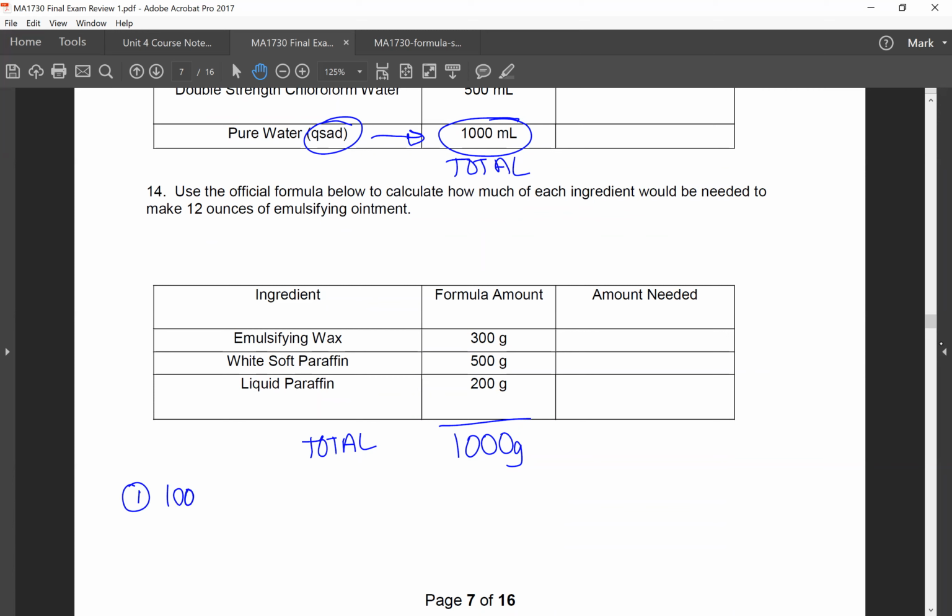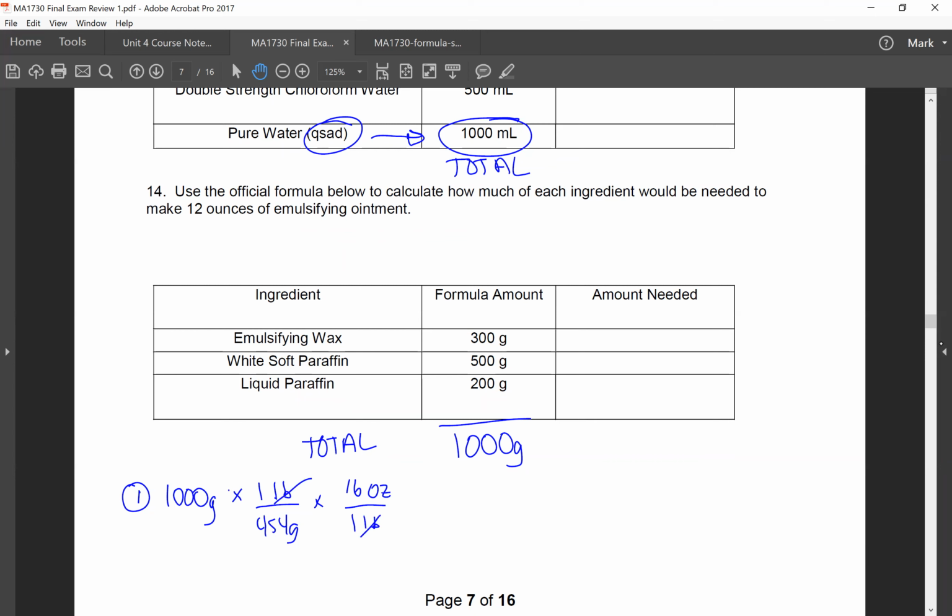So 1,000 grams is going to be, this is a pain, but I'll do it anyway. It's not really a pain. To change grams to ounces, what I first need to do is change the grams to pounds. So 1 pound over 454 grams times 16 ounces over 1 pound.